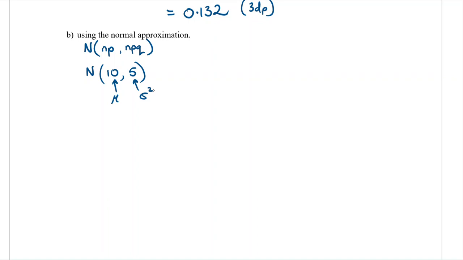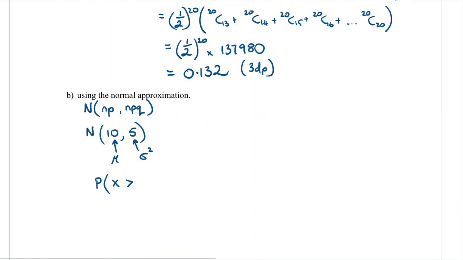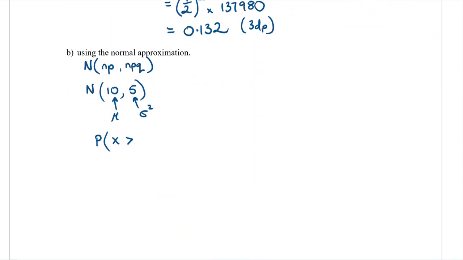Okay, so if we are finding our normal approximation, we want the probability when our score is greater than 12, wasn't it? Yep, greater than 12. But what we discovered was that it actually had to be 13 or bigger, right? Because it couldn't be equal to 12. But remember I talked about something called a continuity correction.